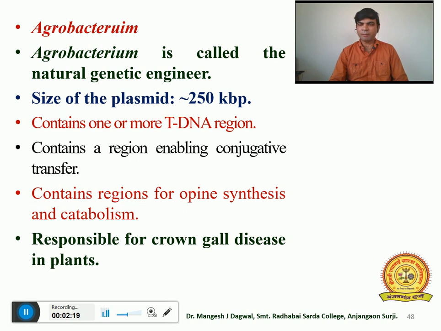Now what is this Ti plasmid? Ti represents the tumor inducing plasmid. Ri represents the root inducing plasmid.